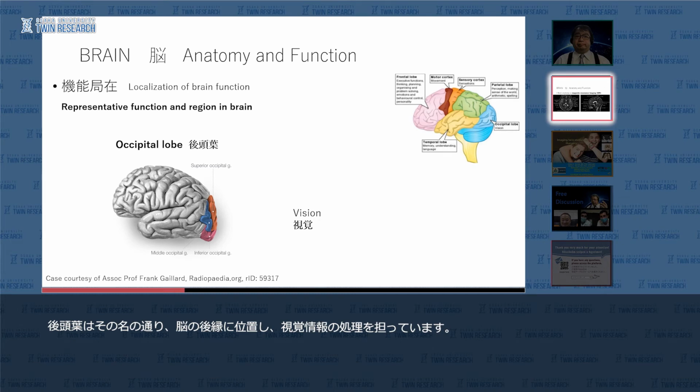The occipital lobe is located, as it's named, at the occipital area of the brain. This area gets visual information from the eyeball, and its important function is visual processing, so we can recognize our surroundings.